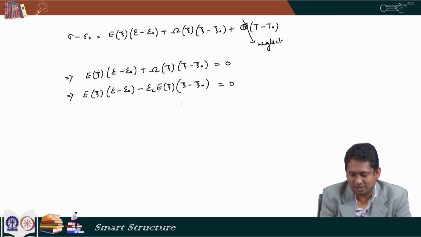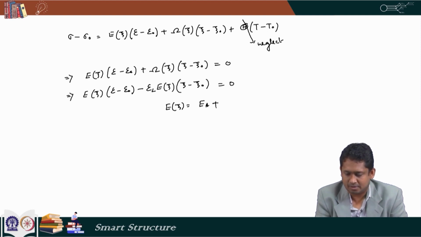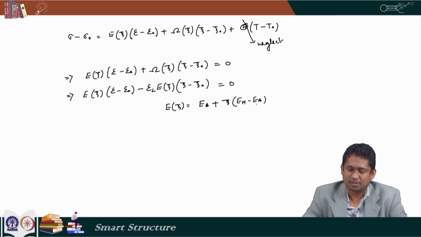Now, E as a function of xi is E A plus xi into E m minus E A, that we get from the rule of mixture.